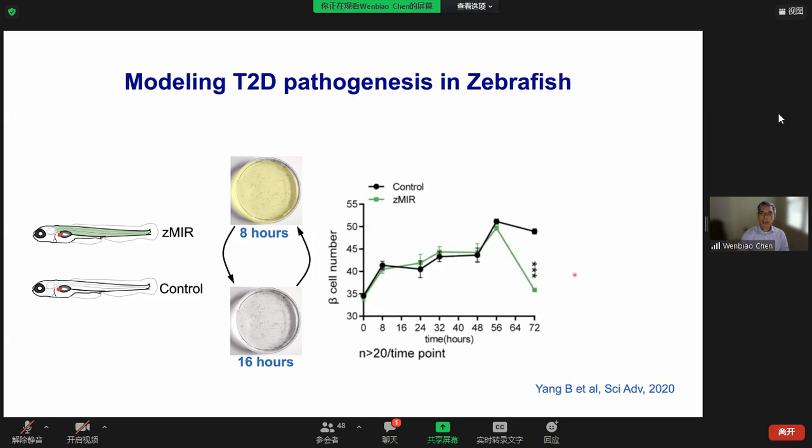And doing that, she found that indeed she can mimic the compensation phase and decompensation phase in about 4 days. So in the first 3 days of overnutrition, after each phase, she saw a significant increase of beta cells.